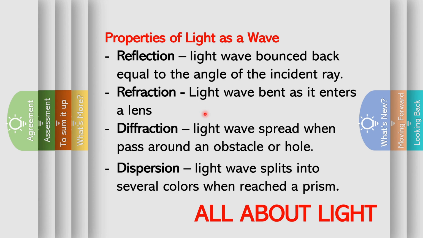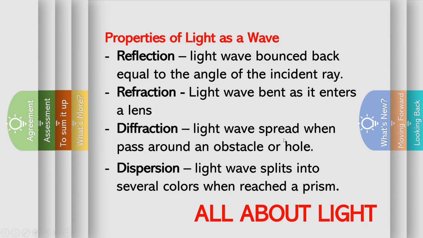Depende sa kung ano yung gustong mangyari nung salamin or nung lens. Kung gusto niyang palakihin yung object or gusto niyang paliitin. Okay? Kaya po, telescope, binoculars. Ito po yung reason nun. Kasi ang ginagawa ng lenses they are bending the light. So, it can be bigger or it can be smaller.